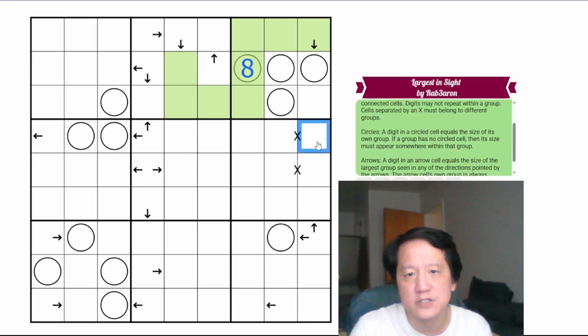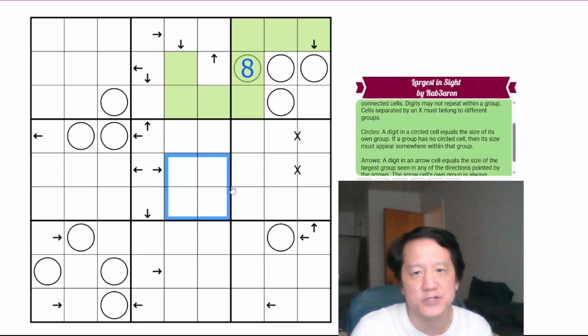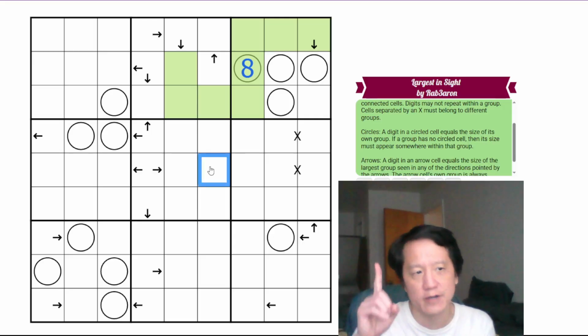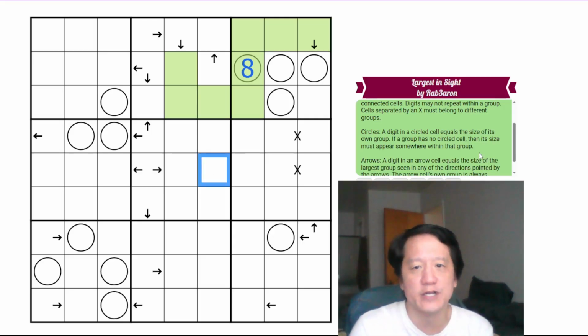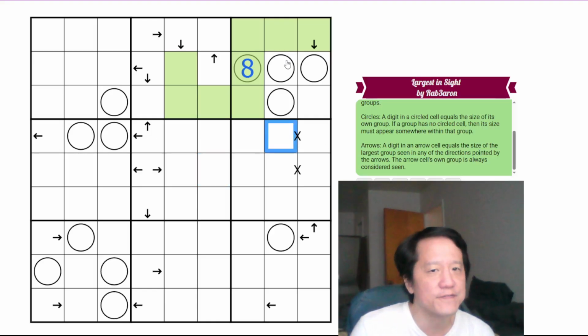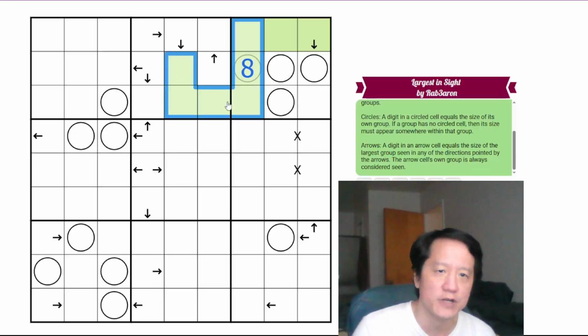Again, cells separated by an X must belong to different groups. If a group has no circled cell, the size must appear somewhere within that group. So if it's size 1, all the size 1 groups just have to have a 1 in it.